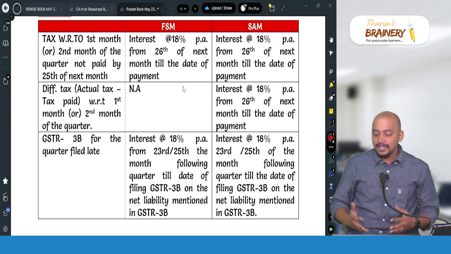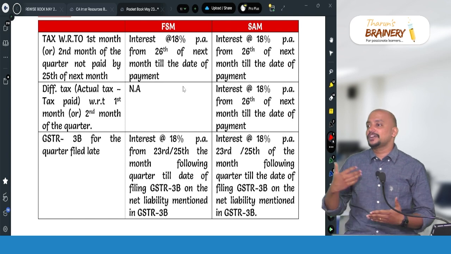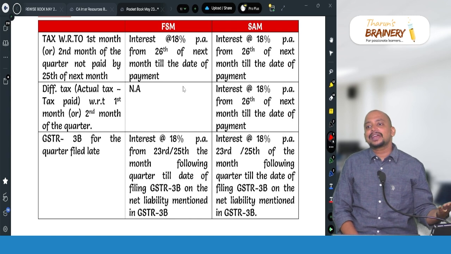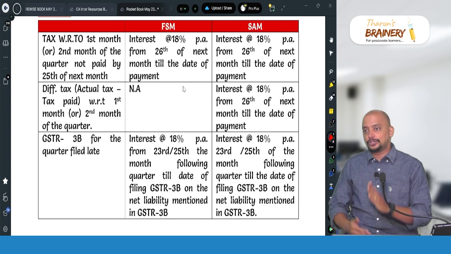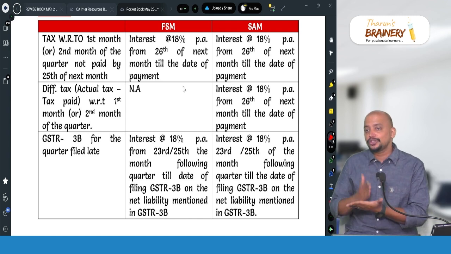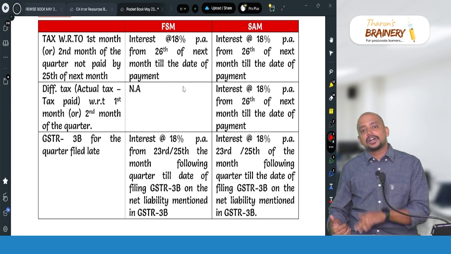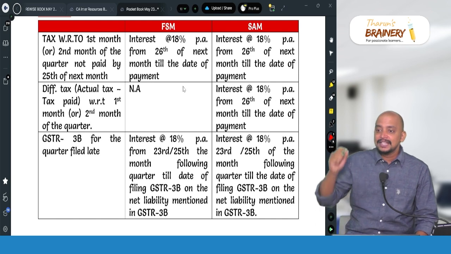For example, for the July month you have to pay 35,000 rupees. Say the previous quarter 3B liability is 1 lakh. So 1 lakh into 35%, 35,000, you have to pay for July by the 25th of August. Now you paid it on 31st August. So how many days' delay? 6 days' delay.